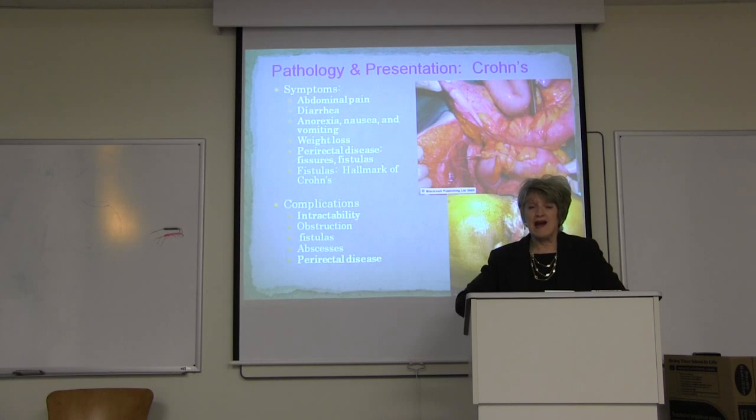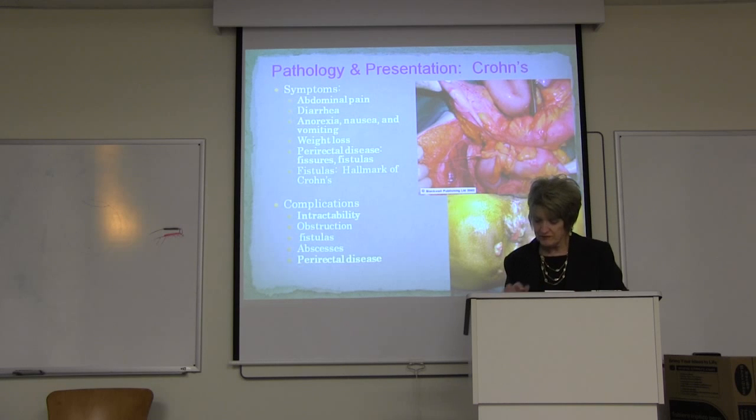Similarly, loops of bowel can stick to the abdominal wall, and you can end up with a fistulous tract between the bowel and the abdominal wall. So most patients with Crohn's do not have perirectal disease. Most patients with Crohn's do not have fistulas. But if you have a patient with severe perirectal disease or a patient with fistulas, that means that it is highly likely that that patient has Crohn's disease. Go back to the underlying pathology.